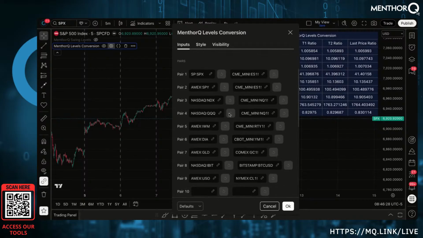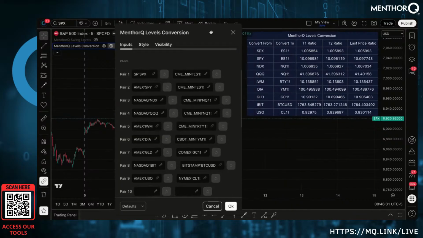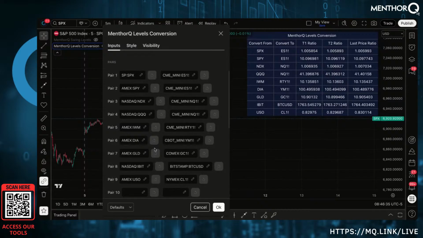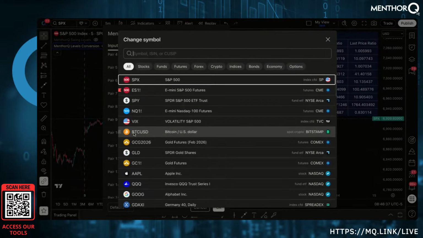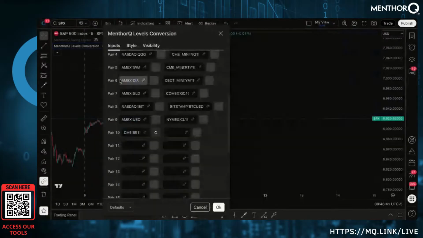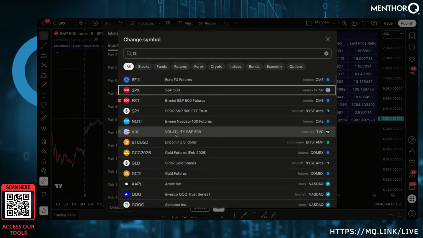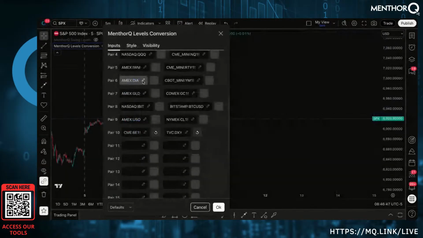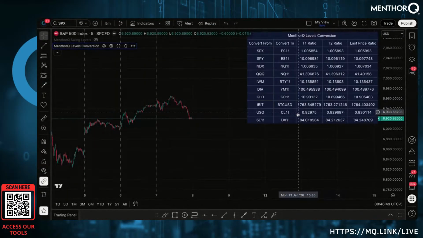So we have default assets here. These would be the assets that most people trade all the time. But if you wanted to convert 6E futures to DXY, you can simply type it there. And then here you would have your ratio.